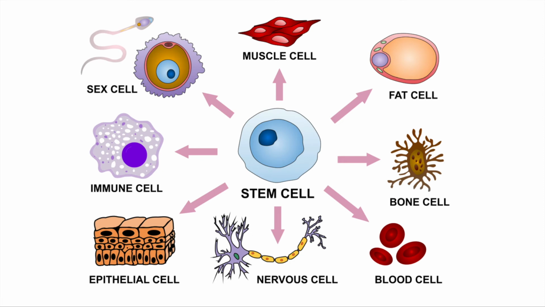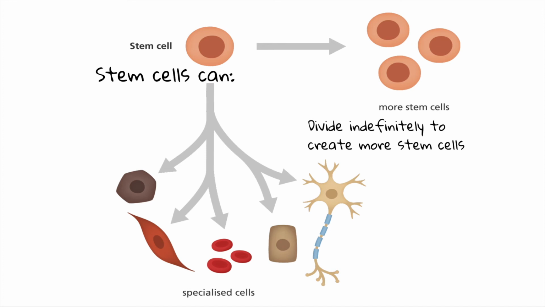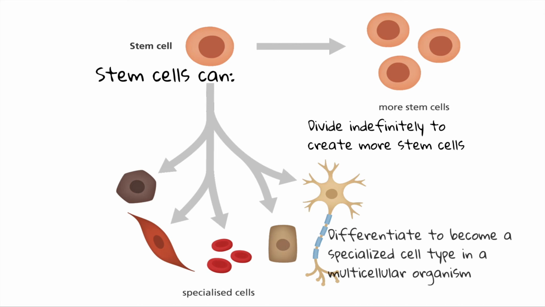You get the idea. Stem cells can divide indefinitely to create more stem cells. Stem cells are the only cells in the body that can divide by mitosis. They differentiate to become a specialized cell type in a multicellular organism.